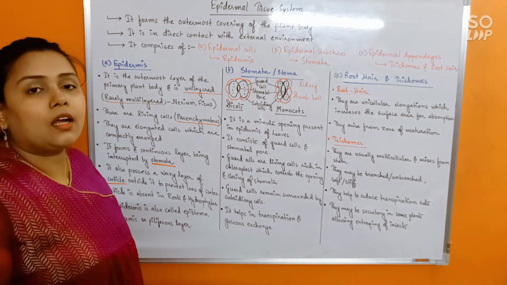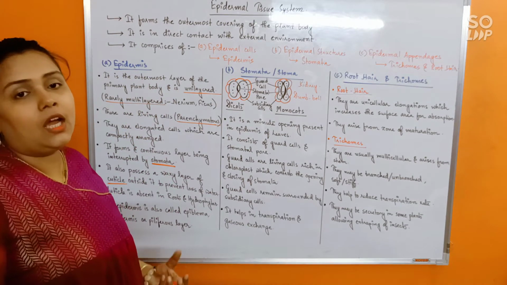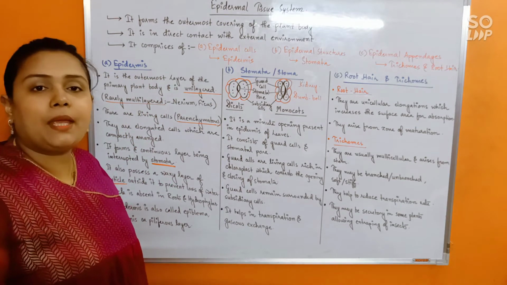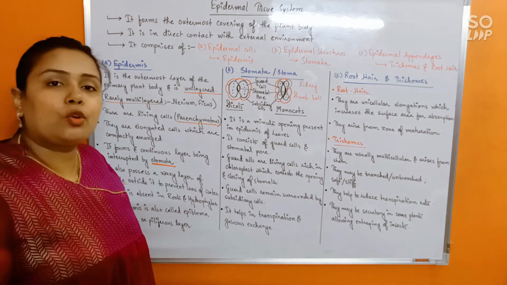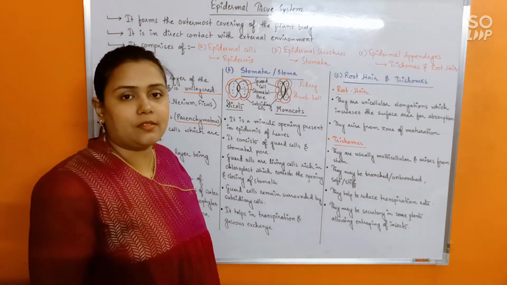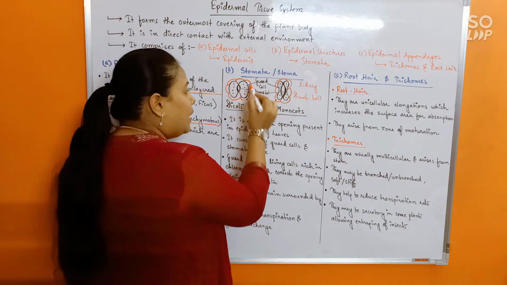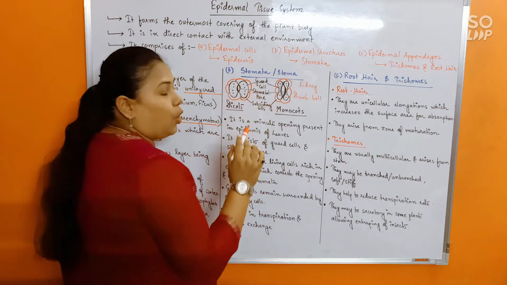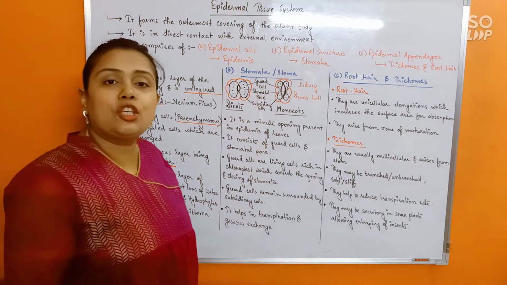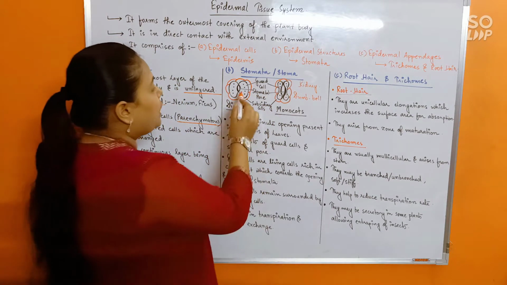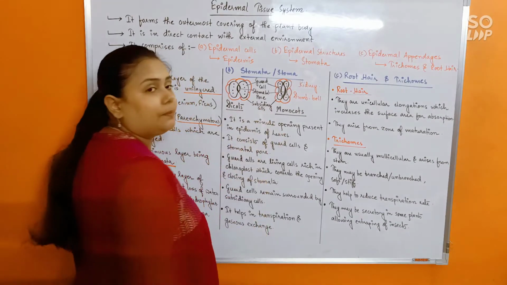So that means the guard cells can very efficiently participate in photosynthesis, because chloroplast is the site for photosynthesis, right? And also guard cells will themselves remain surrounded by certain specialized epidermal cells which are called subsidiary cells.